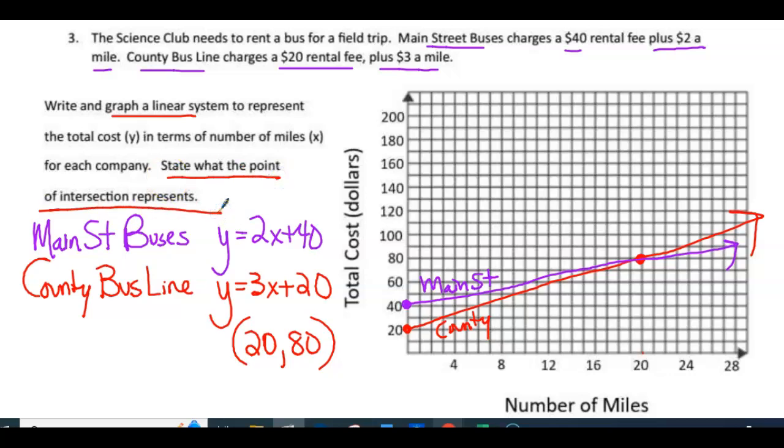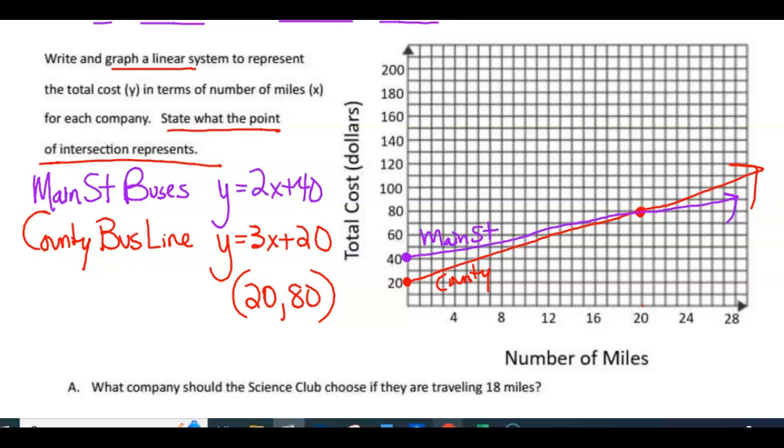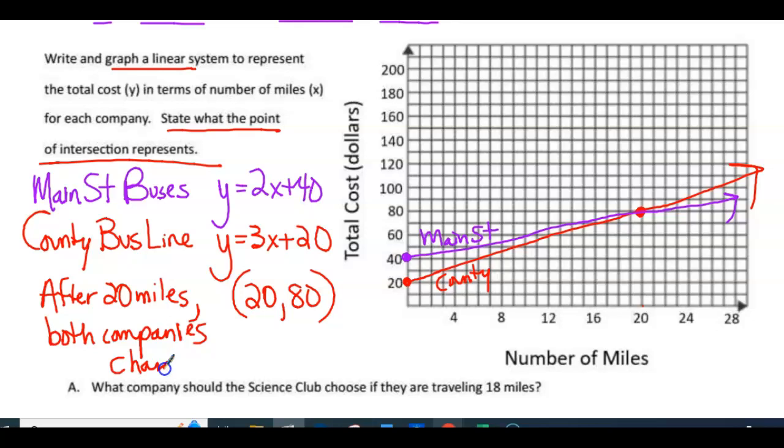So in this area you need to have what 20, 80 means. And 20, 80 means after 20 miles, both companies charge $80.